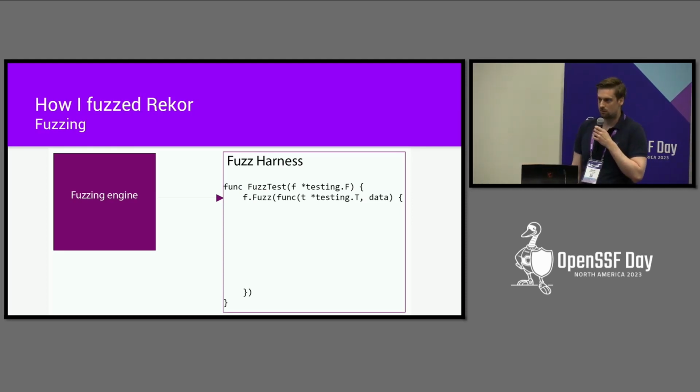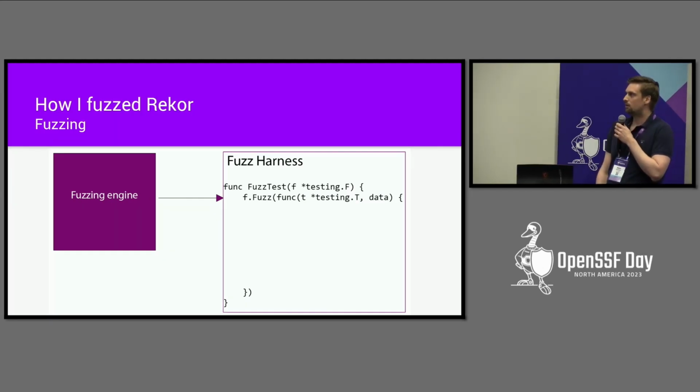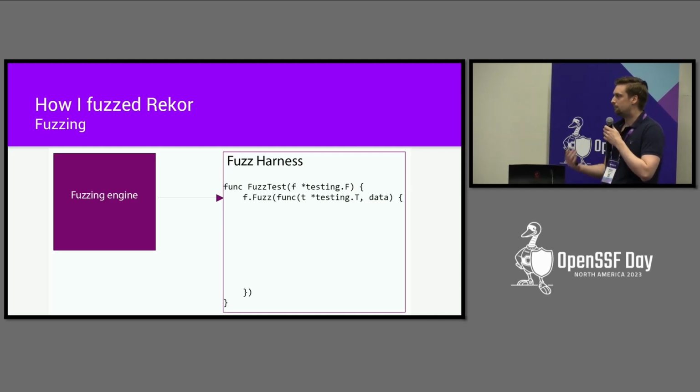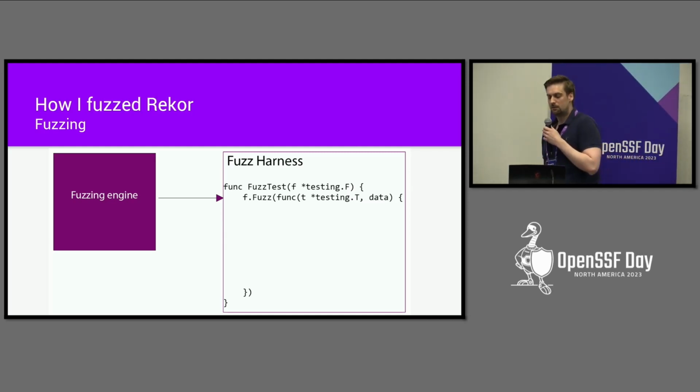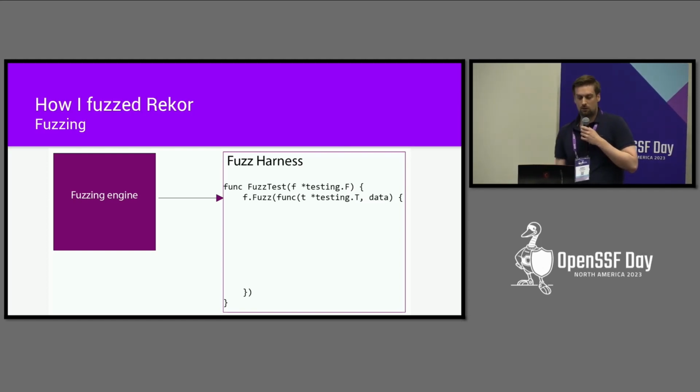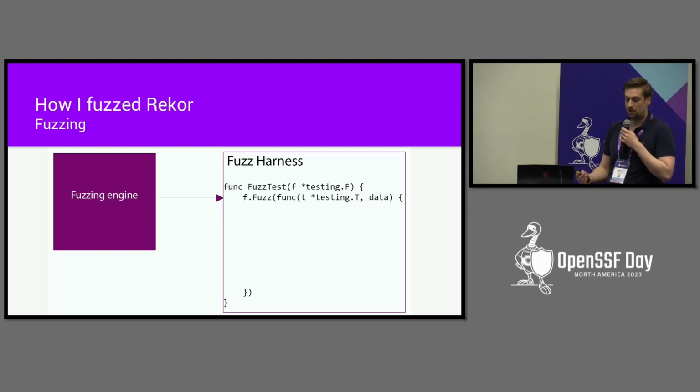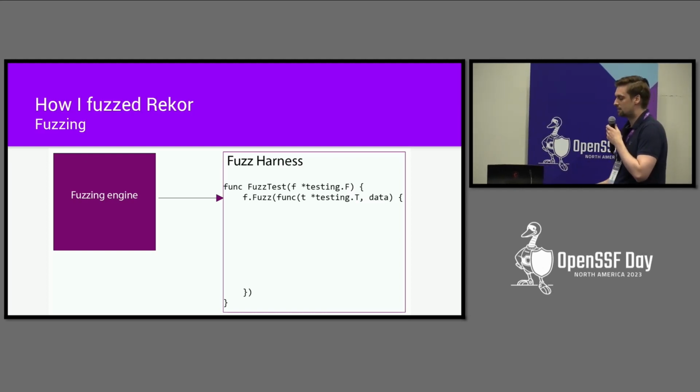It looks random, and it looks like garbage data, but in reality, decades of research have gone into finding out how you can generate meaningful pseudo-random data for the software application you are testing. So the fuzzing engine makes this pseudo-random data available to us, engineers or testers, in the fuzz harness.